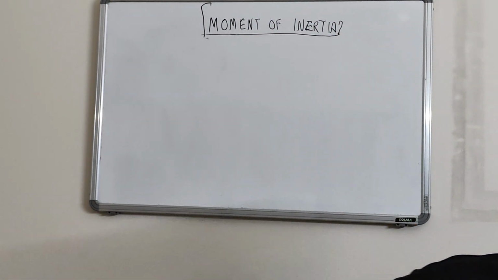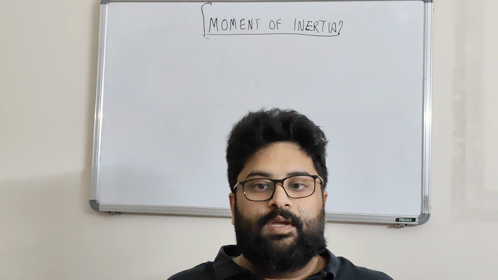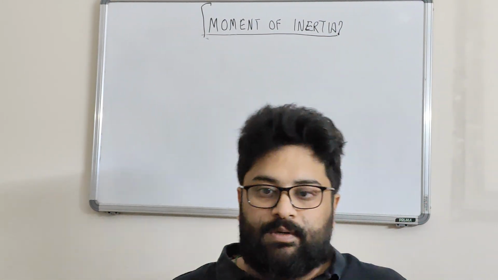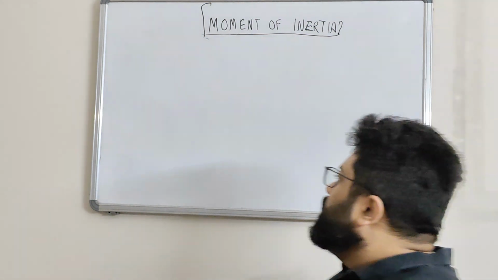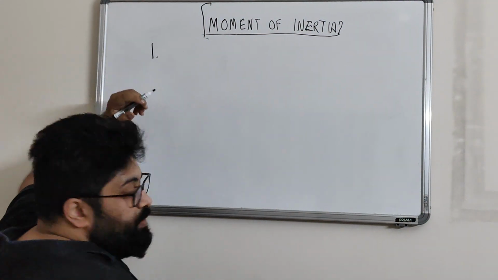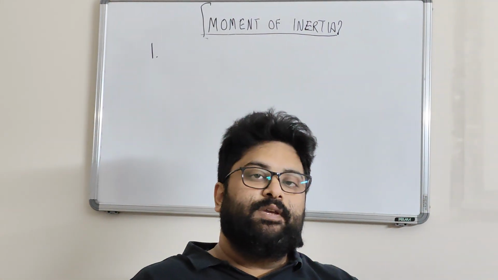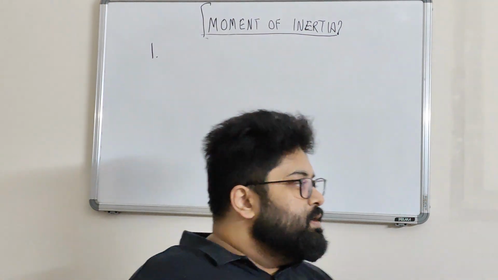Okay. Next, I'm going to write down the moment of inertia for different bodies, right? Okay. So we talked about the moment of inertia for the uniform linear rod. Okay.